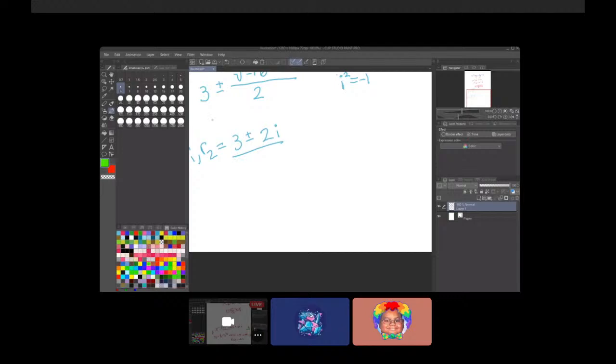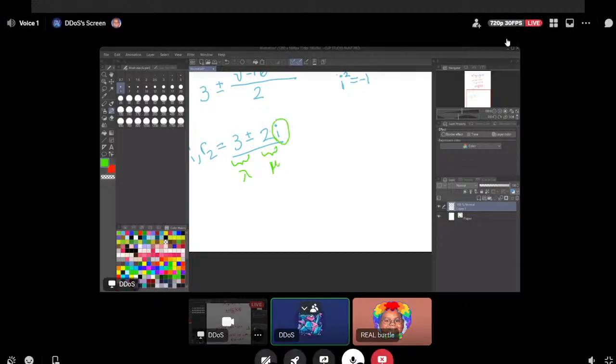So we call this part lambda, this part mu, and this is the imaginary part that we ignore. Right. And when we have a pair like this, then the solution for y is going to be a constant that we don't know times e to the lambda, so 3t, cosine of mu t, so 2t, plus another constant that we don't know, and we do sine.